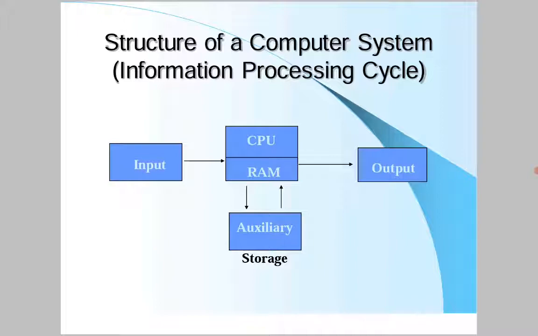RAM means random access memory. So the CPU mainly contains 4 units: processing unit, RAM or memory, control unit (CU), and temporary registers.